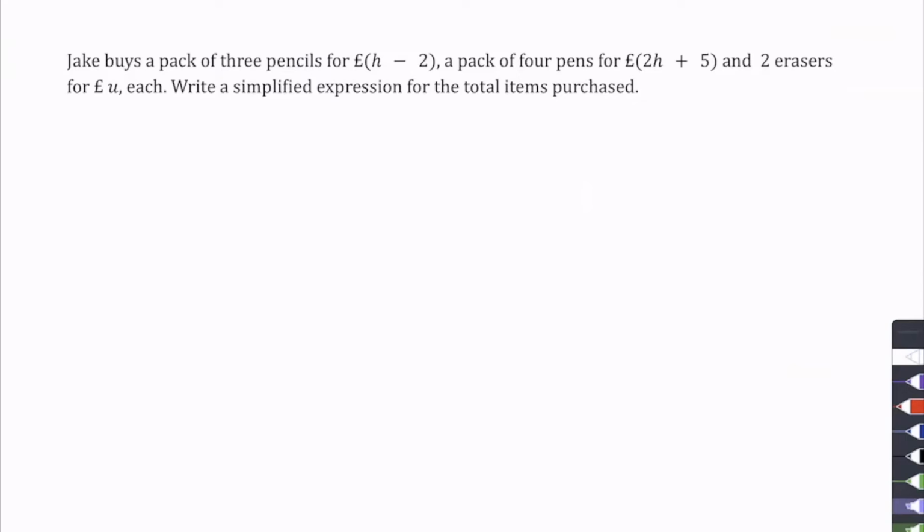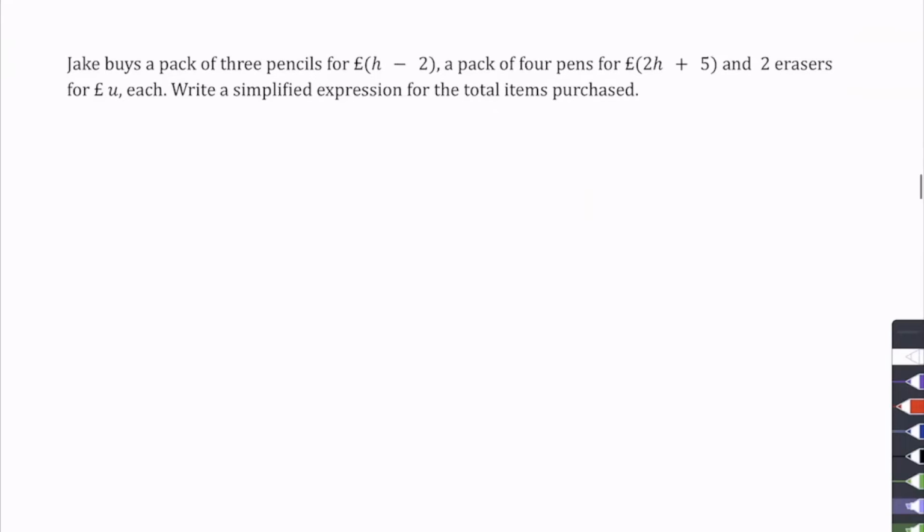Jake buys a pack of 3 pencils for H minus £2, a pack of 4 pens for 2H plus £5, and 2 erasers for U pounds each. Write a simplified expression for the total items purchased. So notice that word there, a simplified expression, which means that we're going to get an expression where we have to do some simplification, i.e. collecting the like terms.